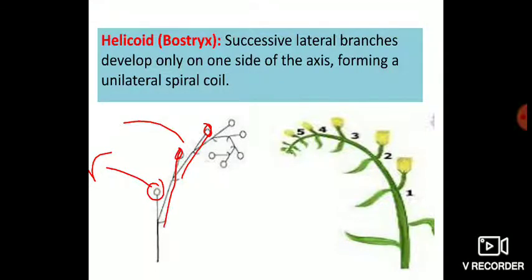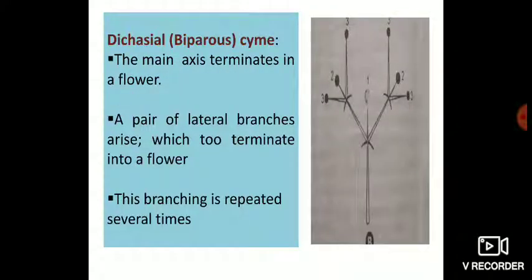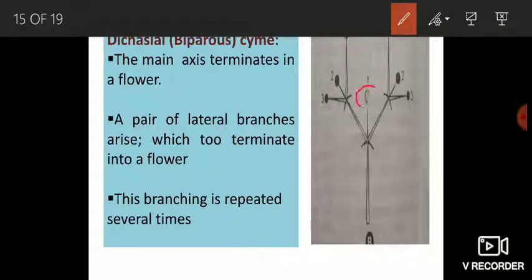Now we have the second type, which is known as dichasial or biparous cyme. In this type of cymose inflorescence, the main axis gets terminated into a flower. Then a pair of lateral branches arise.